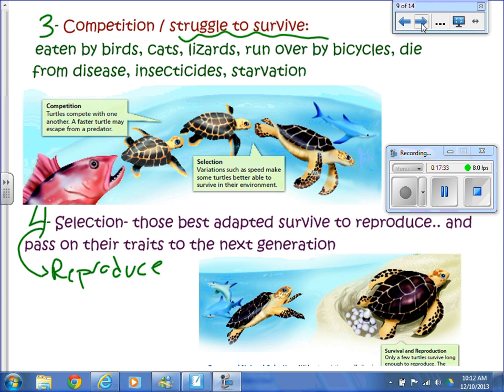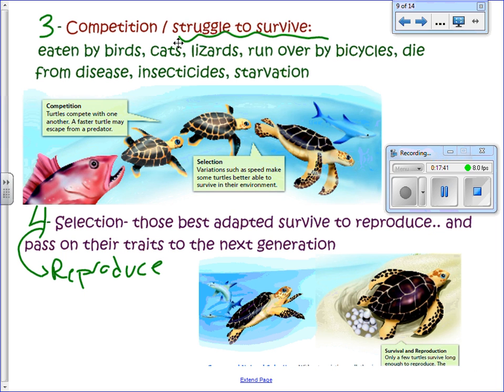Okay, step 3. And this is the really important one. Step 3, competition and the struggle to survive. When we think about pets and humans, natural selection doesn't happen so much to pets and humans because there's not the same struggle to survive.